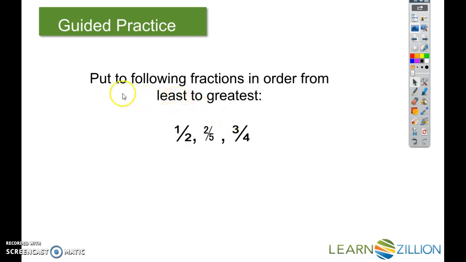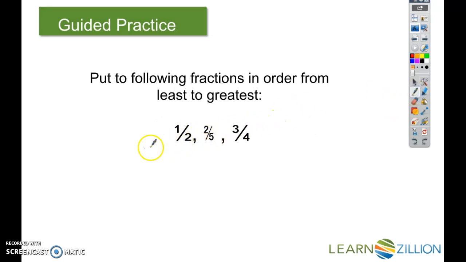So I want you to put the following fractions, and I screwed up on the grammar there, so put the following, not put to. Put the following fractions in order from least to greatest. So I want you to pause the video and then use the same strategy as I showed you.